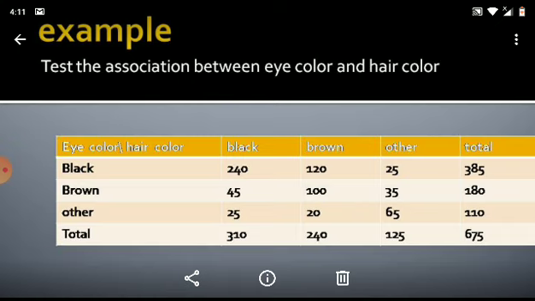You will not count the totals and you will not count the headings. So you have here 3 rows and 3 columns.